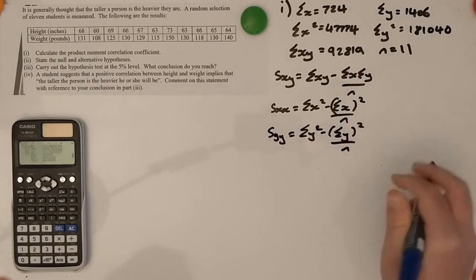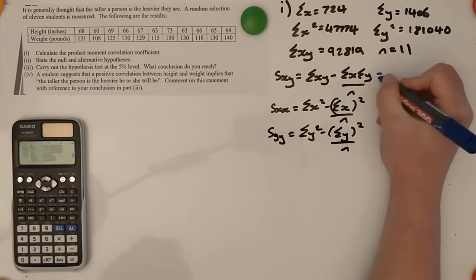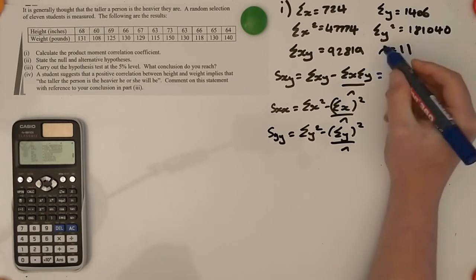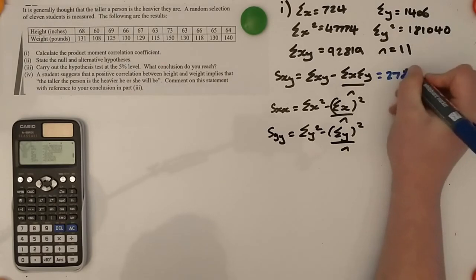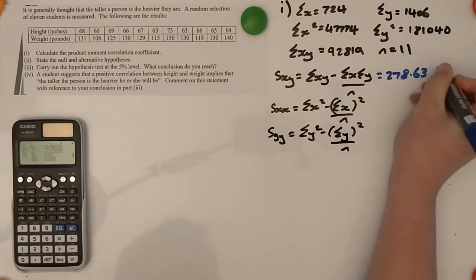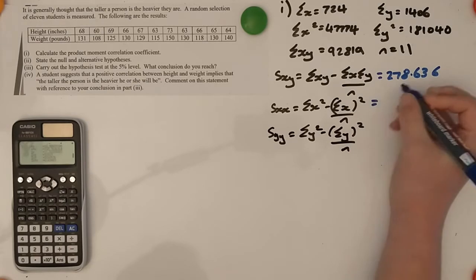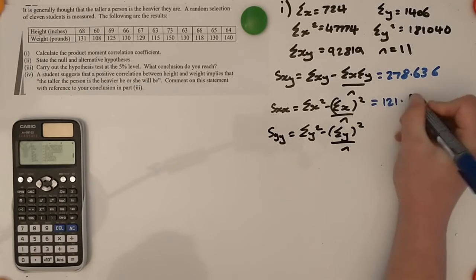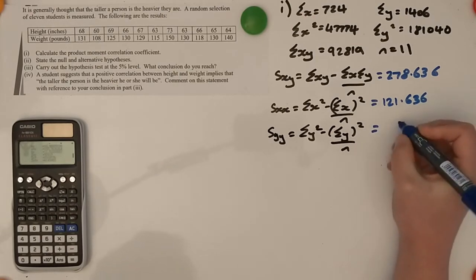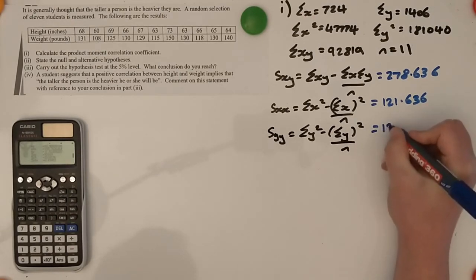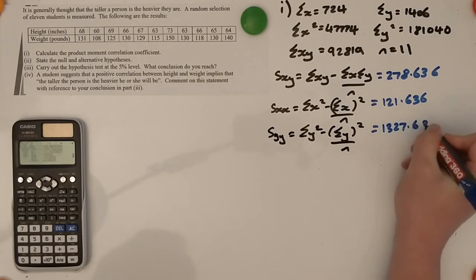If I put these values into my calculator, for Sxy I get 278.636. For Sxx I get 121.636, and for Syy I get 1327.636.